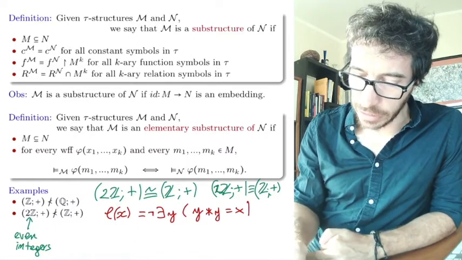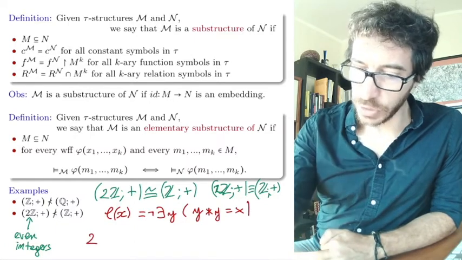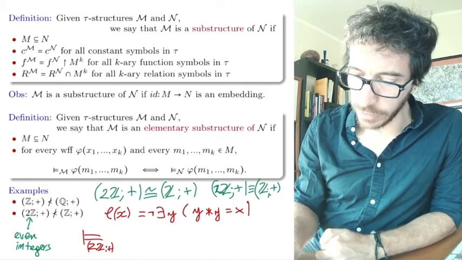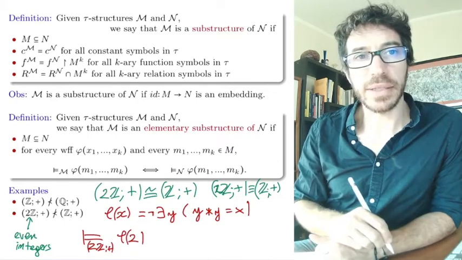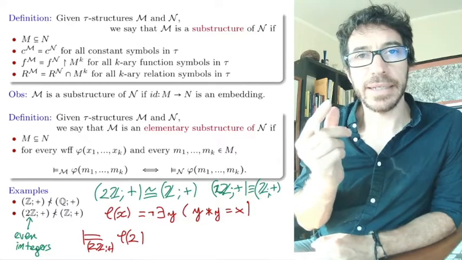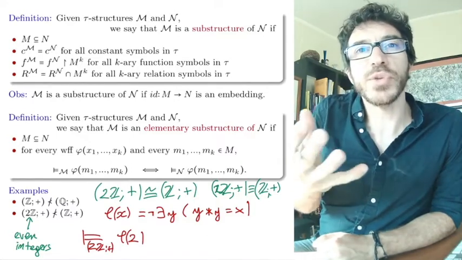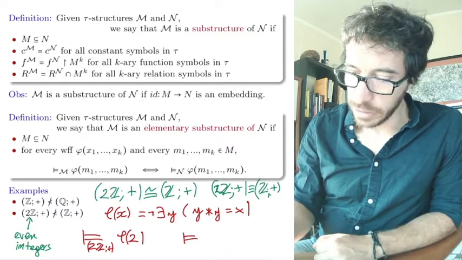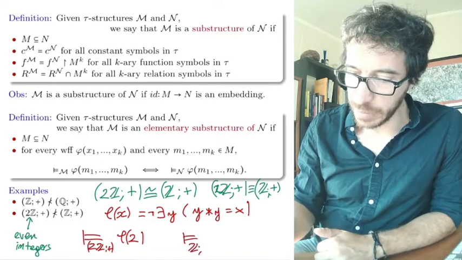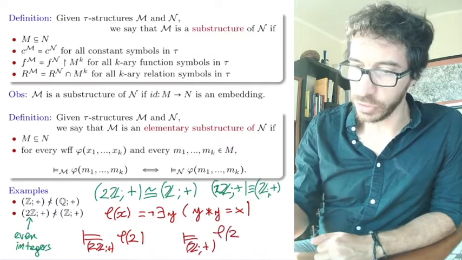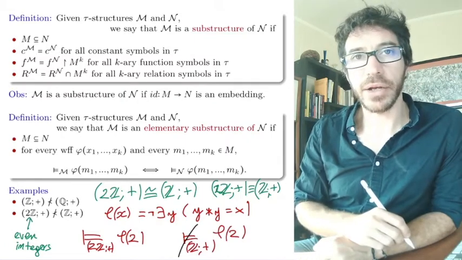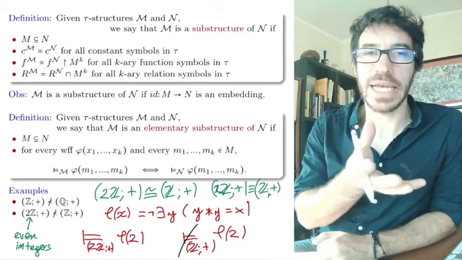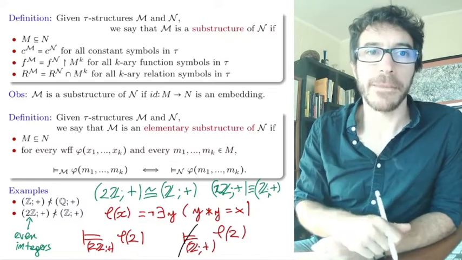This is true in 2Z with plus for the element 2, since it's not the sum of two even integers. But in Z with the same element, this is not true, because 2 can be written as a sum of two integers, 1 plus 1.